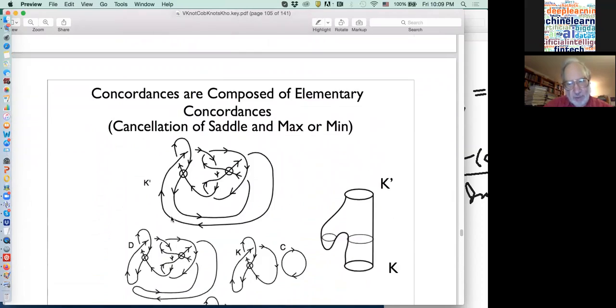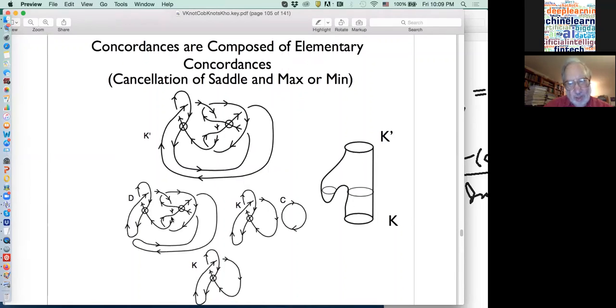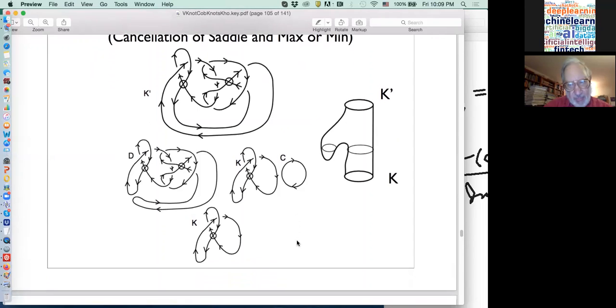But now I want to show you the interesting thing, that concordances will not change this polynomial. And the reason is that concordances are composed of relatively elementary concordances. Let's look at this example here. Here is a nice, big, complicated virtual link. And I go through this saddle.